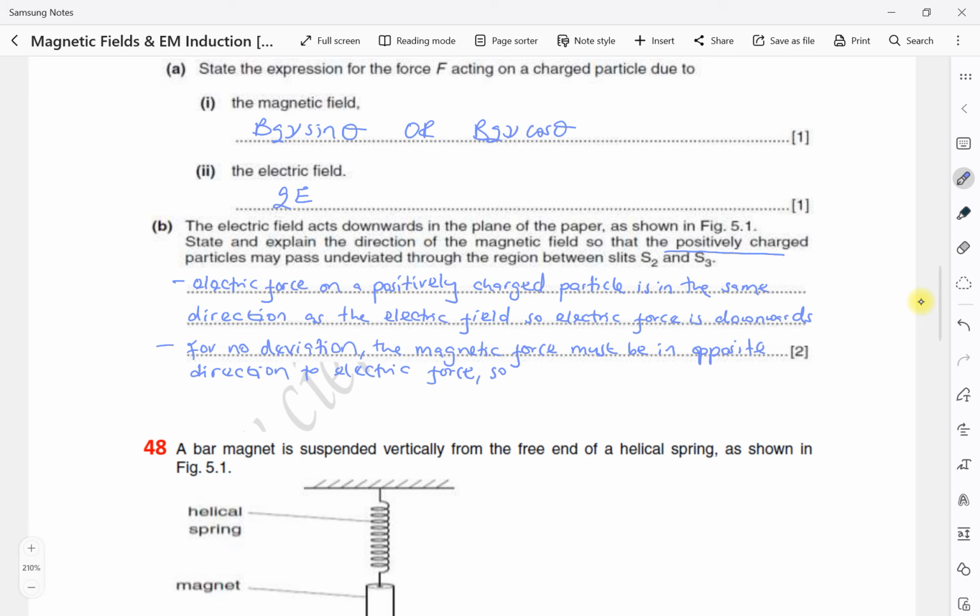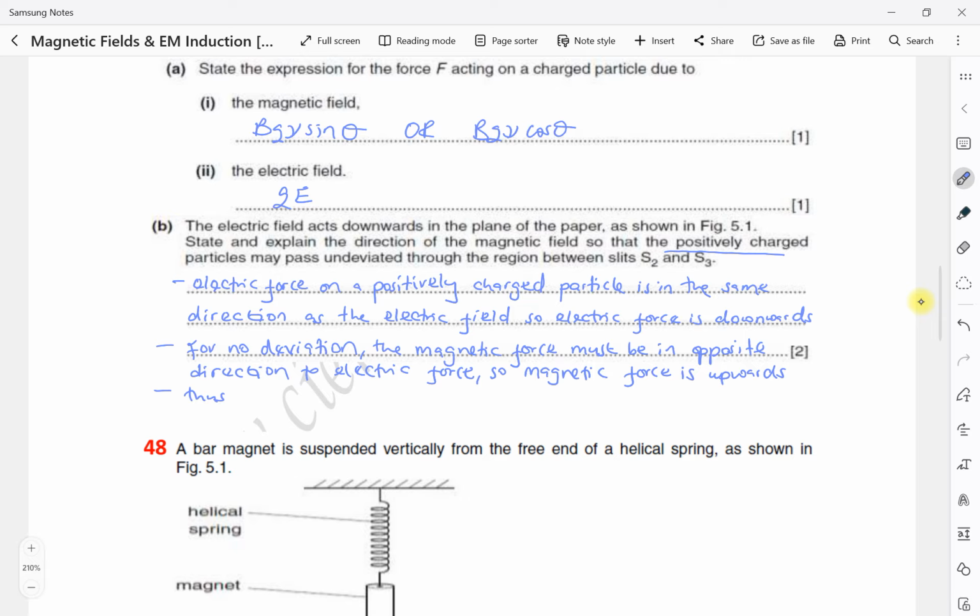So the magnetic force is upwards, or up towards the top of the page.